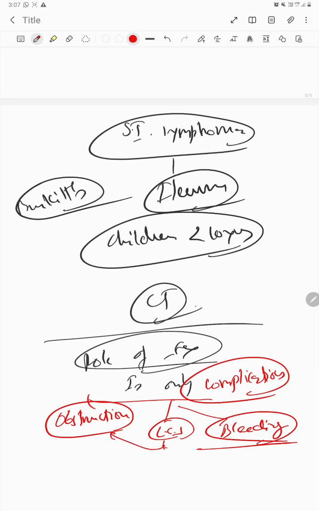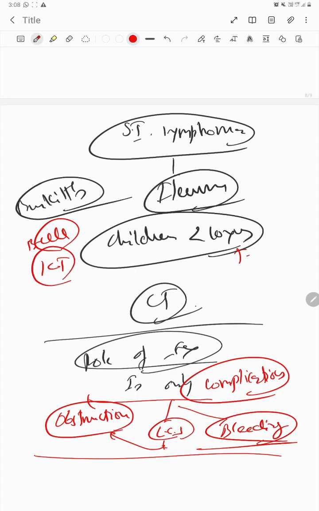So these are some of the indications for surgery. And one more thing I want to say is B cell lymphomas are always chemosensitive, and T cell will always be of surgeries in small intestinal lymphomas.